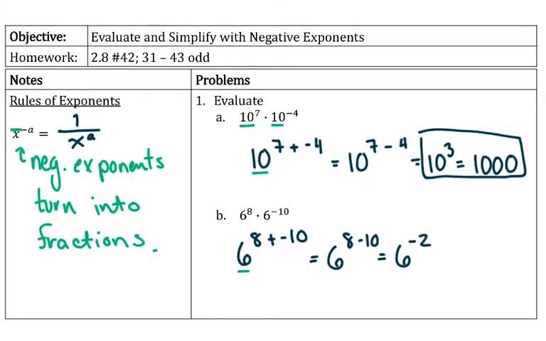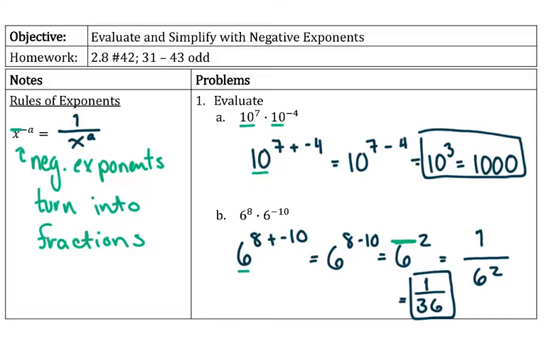Now, if I'm asked to evaluate, we're going to take that line of the negative fraction and turn it into a fraction there. And then we end up with 6 squared. Notice again, this exponent is positive in the denominator. The numerator is empty, which means we fill it in with a 1, giving us the final answer, 1 over 6 squared, which is 1/36. So that's how you would use negative exponents with multiplication problems.